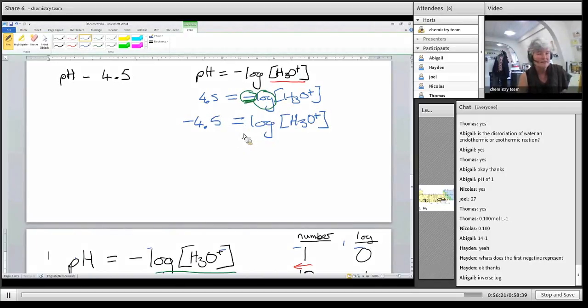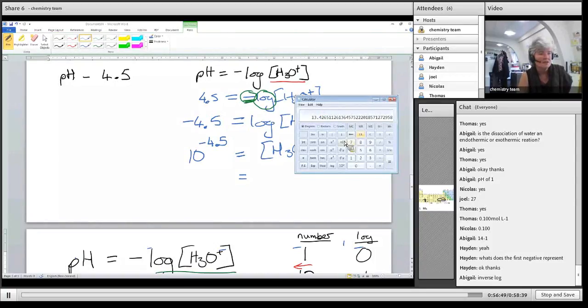The next step is to do the inverse log, which is basically raising it, so it'll be 10 to the negative 4.5, because 10 to the log cancels out, so that is equal to the hydronium ion concentration.